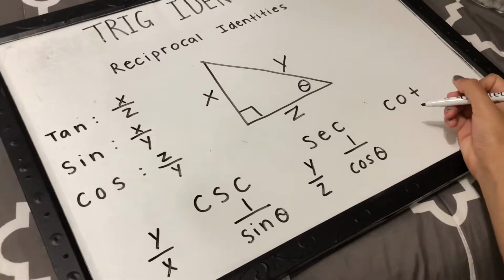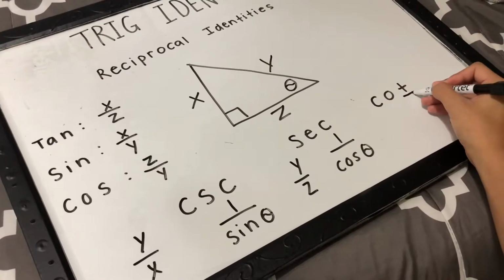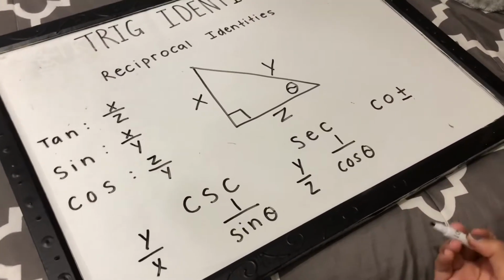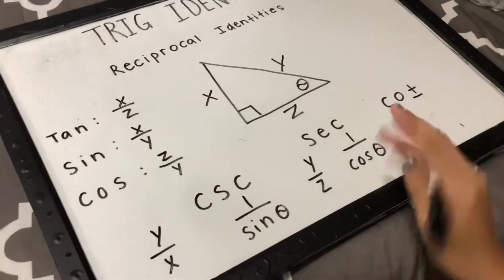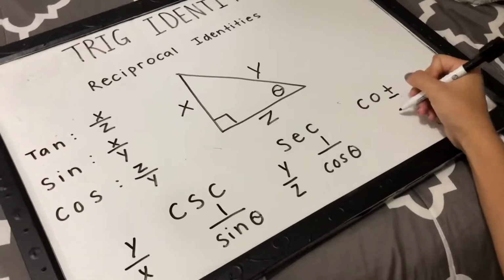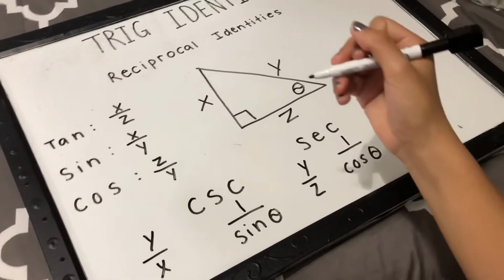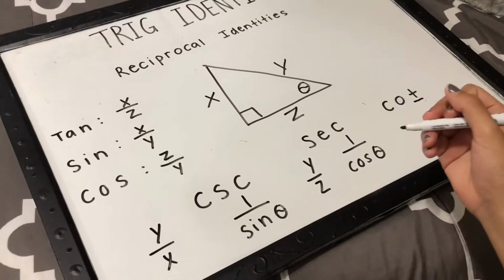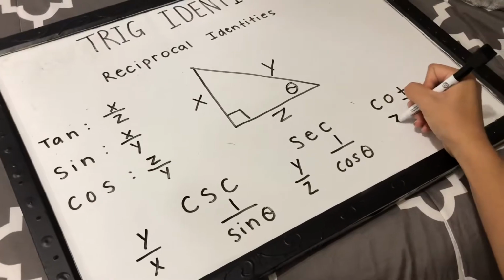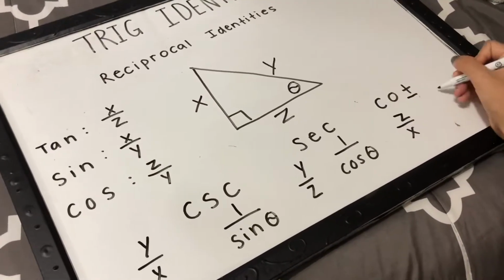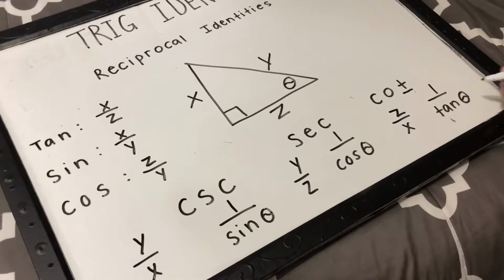Now the cotangent would be the easiest one to remember since it has the t here that stands for tangent, and you know that the tangent is there, and the co kind of implies it being the reciprocal. It would be, instead of x over z, instead of opposite over adjacent, it would be adjacent over opposite. So z over x, or 1 over tan theta.